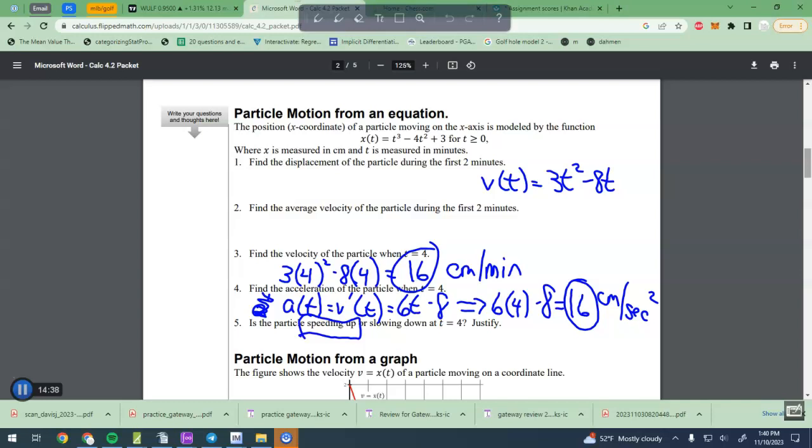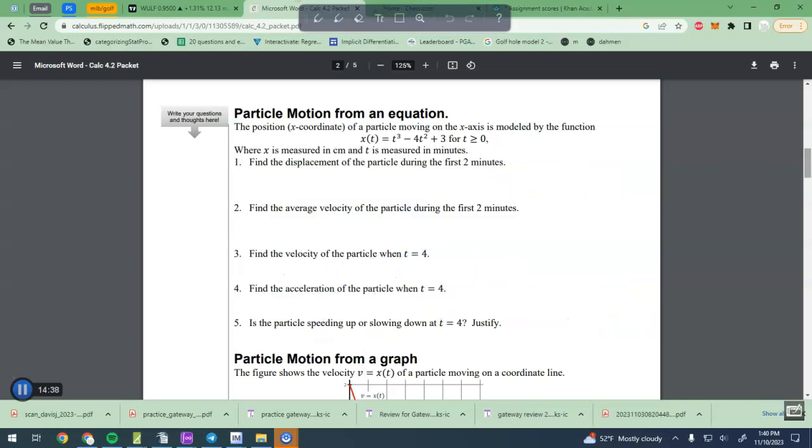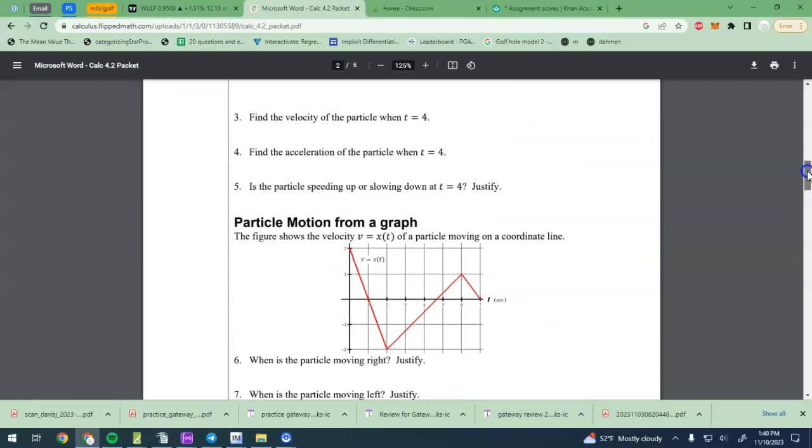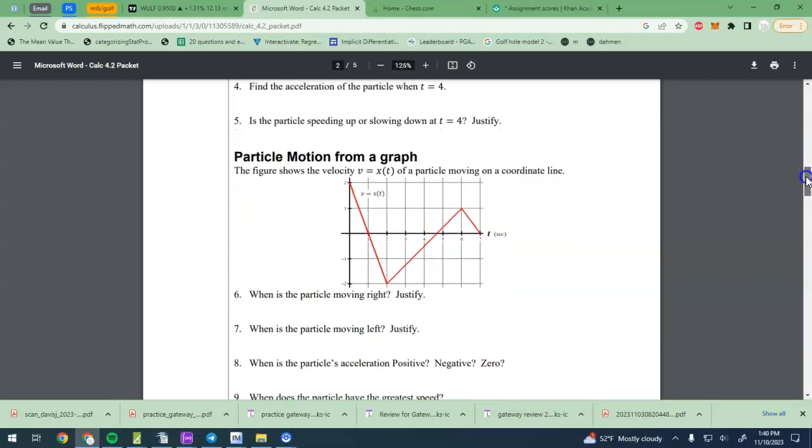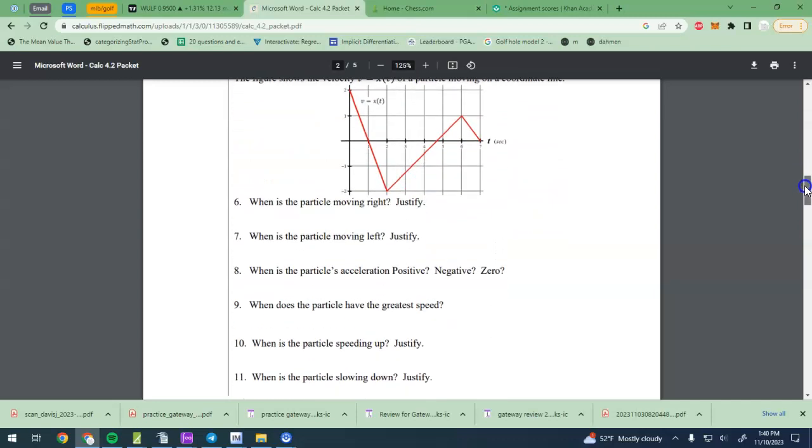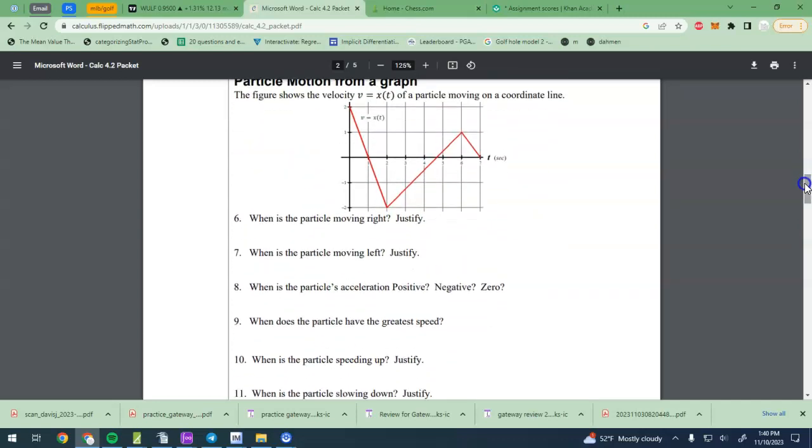I can't write it, but I can circle it, or rectangle it. Alright, from a graph. I fear you're now more focused on my writing than the actual calculus.